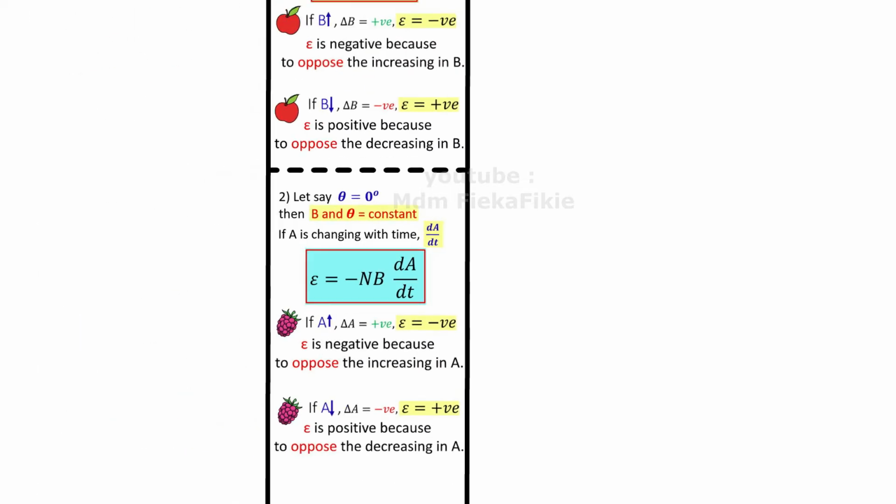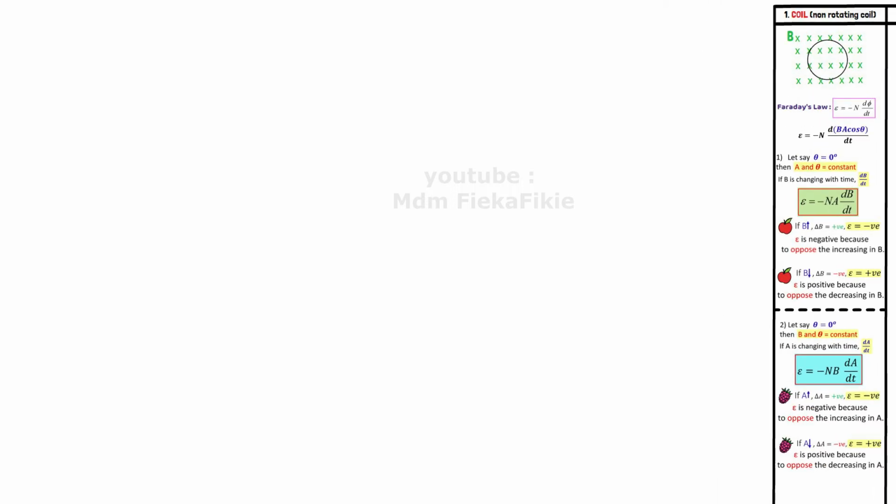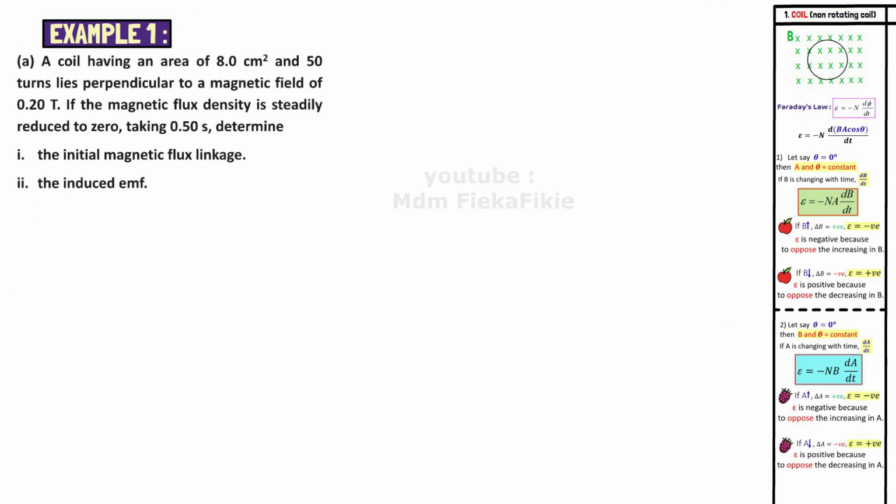Okay, now let's look at an example question. Let's try to solve example 1 together. We start with question A. So here we have a coil that has an area of 8 cm squared. Make sure you change the unit to meter squared. And the coil has 50 turns and it lies perpendicular to a magnetic field of 0.2 Tesla.